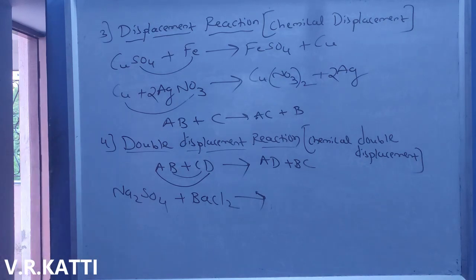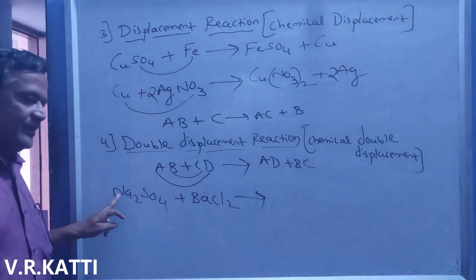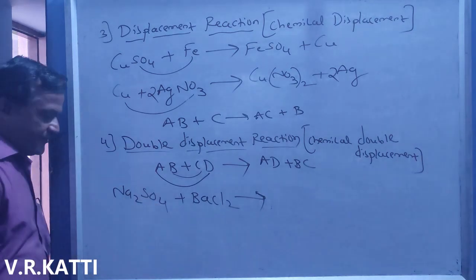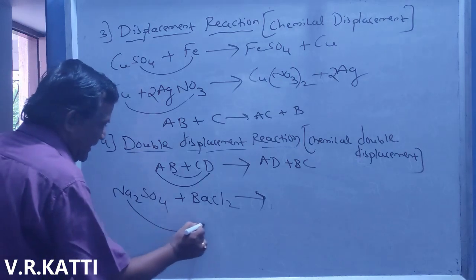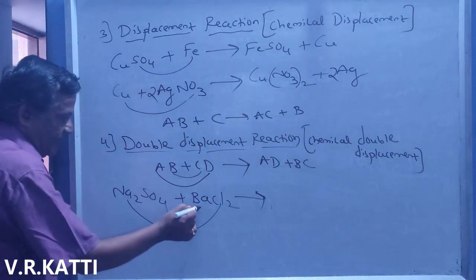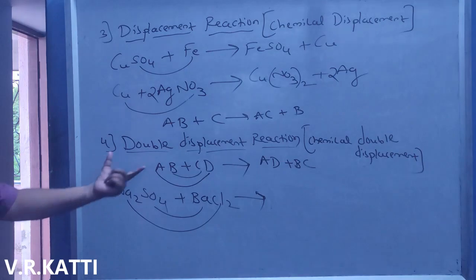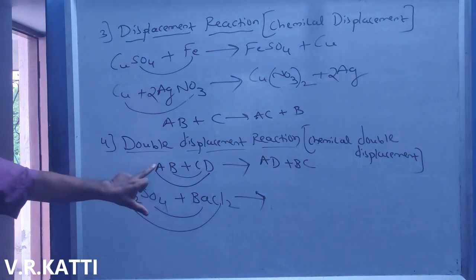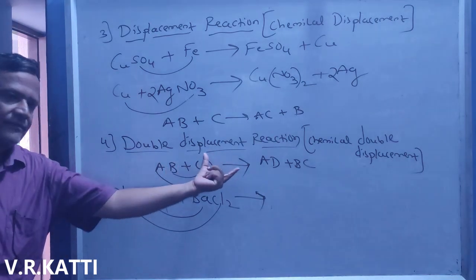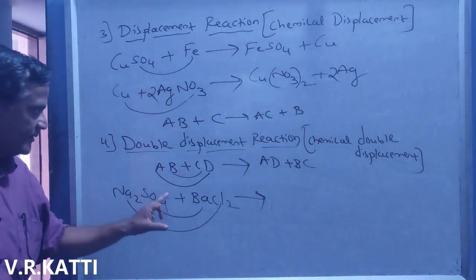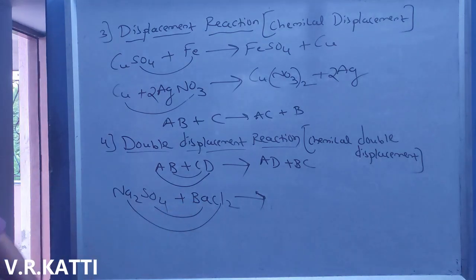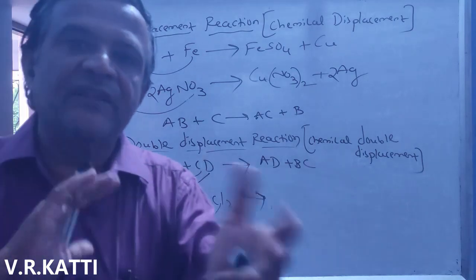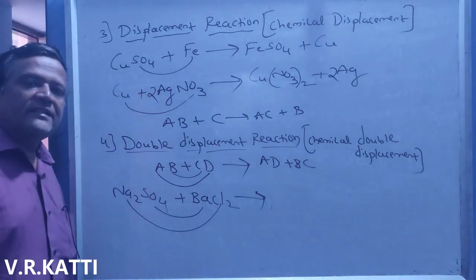Now what happens? See. Here, exchange of ions, that is, it forms NaCl and BaSO4. Same as the general form, AD plus BC. Exchange of ions of reactant side.